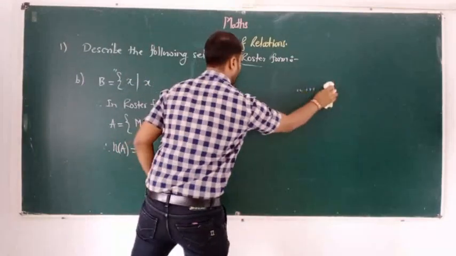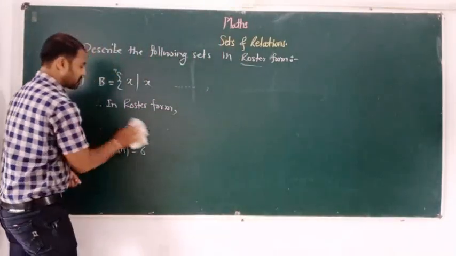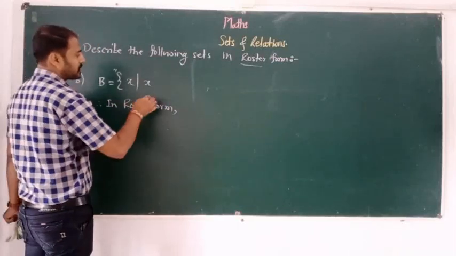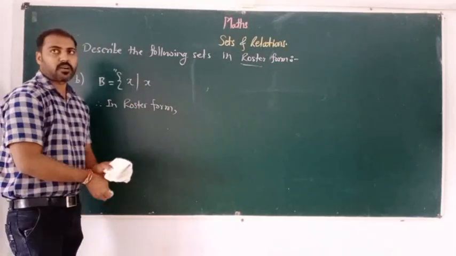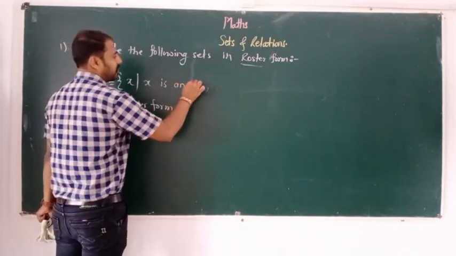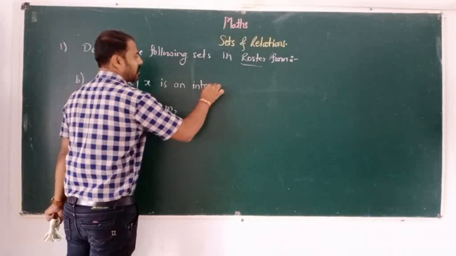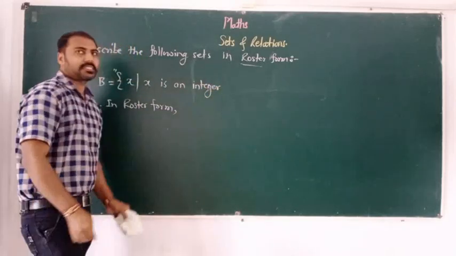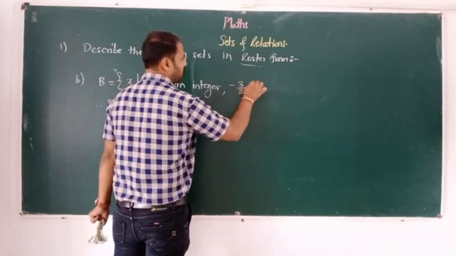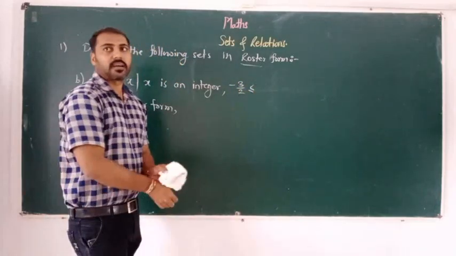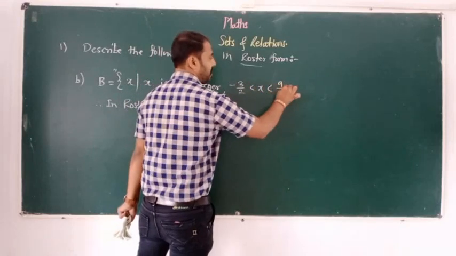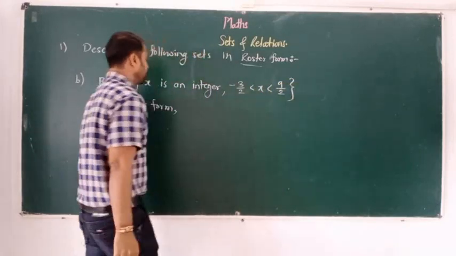Set of all x such that x is an integer, which lies in between minus 3 by 2, strictly less than x, strictly less than 9 by 2.